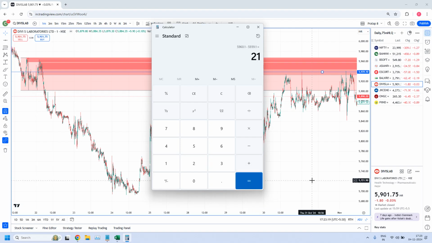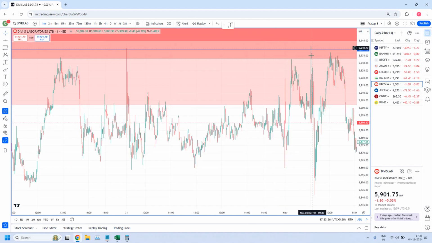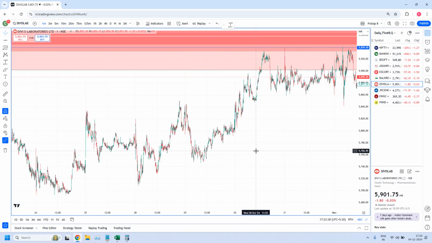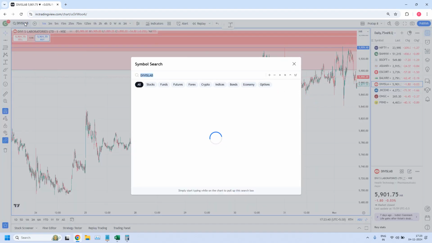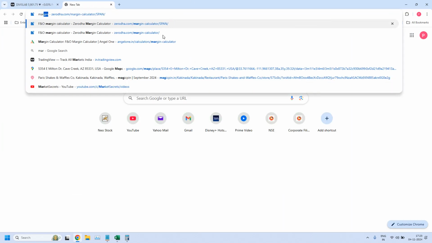We got 21 rupees risk. Why am I doing this calculation? To verify, is it within the 2% risk level or not? If it is beyond the 2% risk level, we can't accept this trade. At that time you have to reduce the risk. If you reduce the risk, probably you will be missing this entry. So Divis Lab, let me go to the margin calculator.